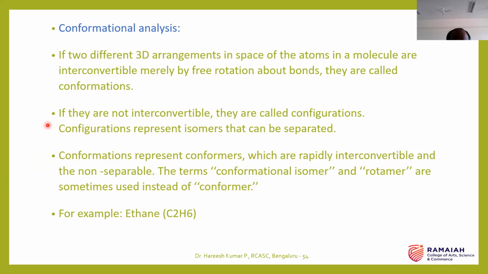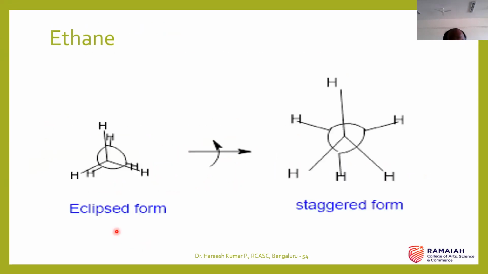So let's take an example. I think you are aware of this example. It's called ethane. I think you are aware of the Newman projection formulae. So this is ethane, and this kind of Newman representation is called the eclipsed form.